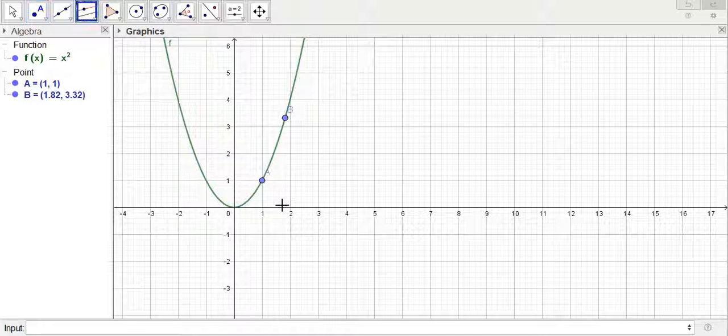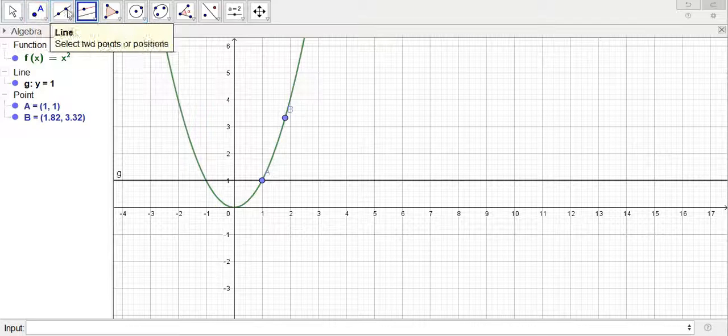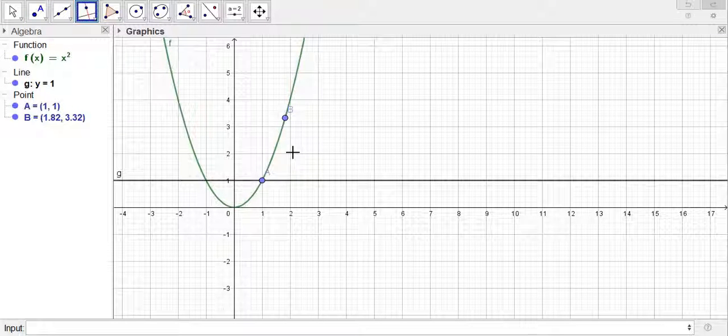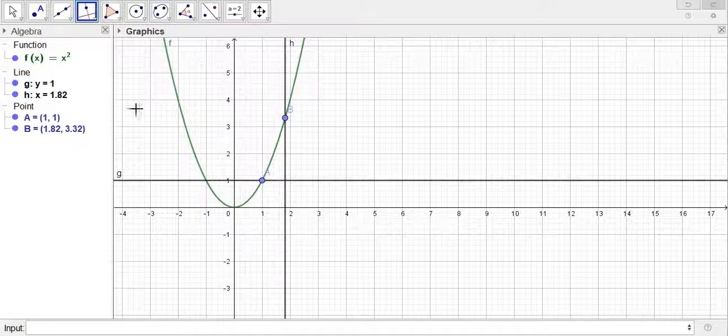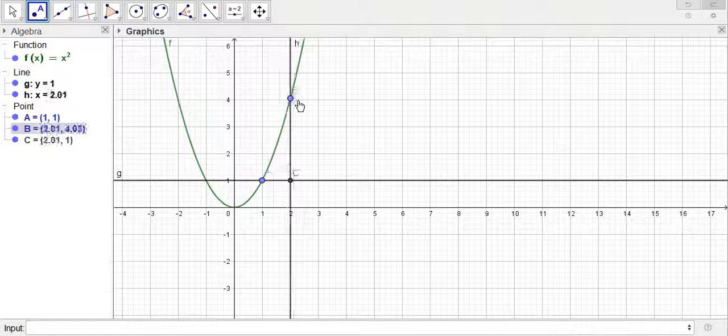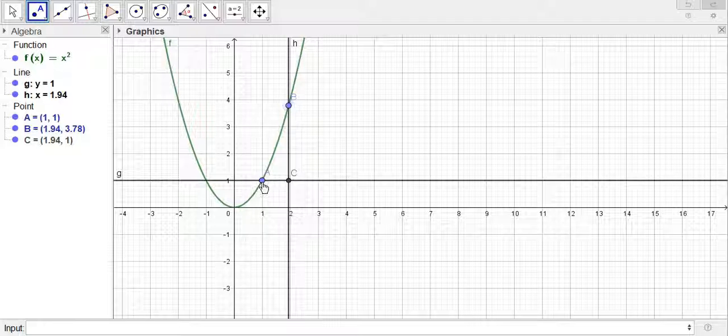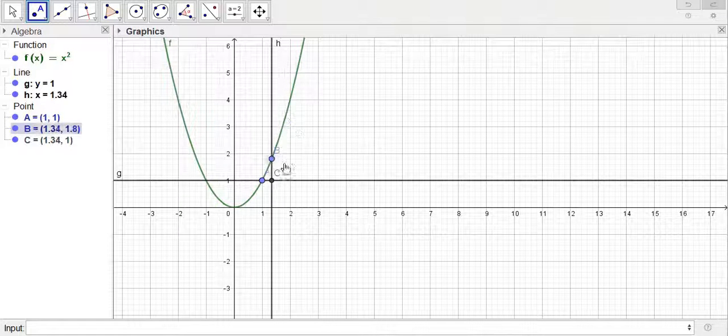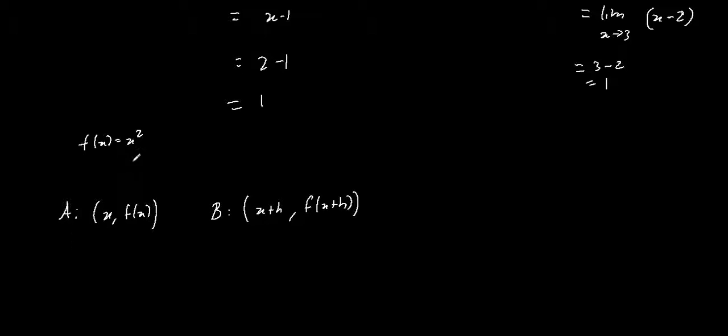Have a line to the x-axis, to A. Okay, so you see that C has the same x value as B. So the horizontal distance between A and B is this h value that I'm telling you about. I can shift this around, and I'm going to call this a fixed point. So we know what's going on here, I think.